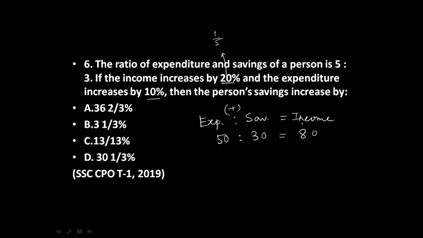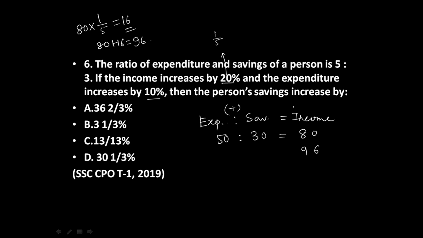So income will be 96. It says income increases 20%, so 80 into 1 by 5, what is this? 16. So 16 rupees will be increased, so 80 plus 16 is equal to 96.